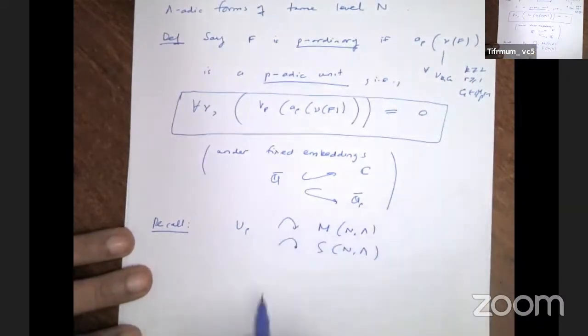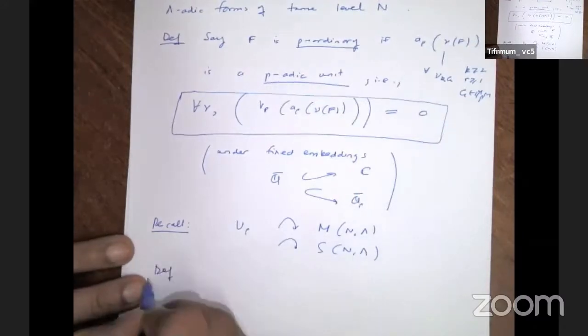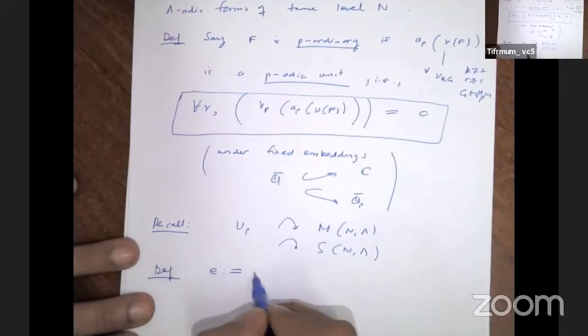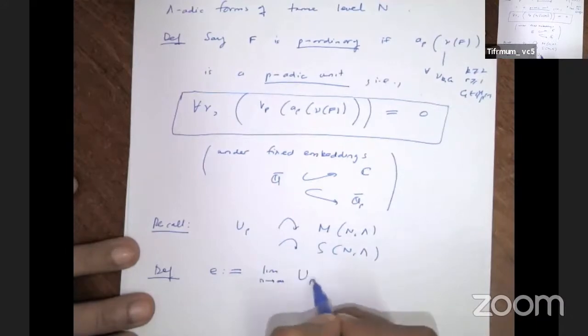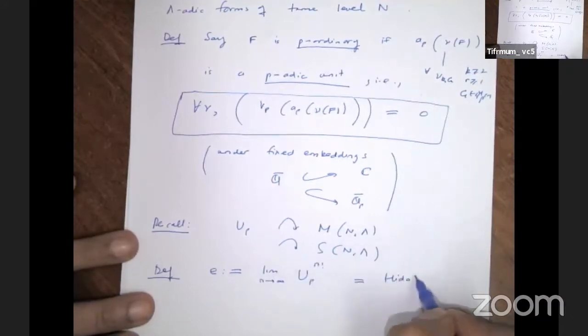We let E be, this is a bit strange definition, the limit as n tends to infinity of UP to the n factorial. And this is what is called Hida's idempotent. Hida's ordinary idempotent.